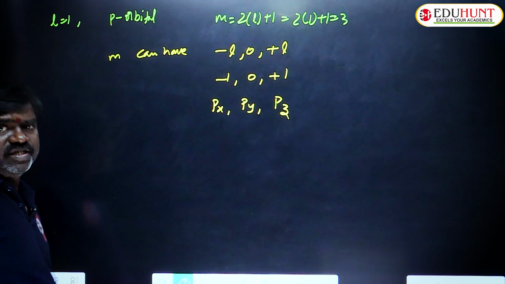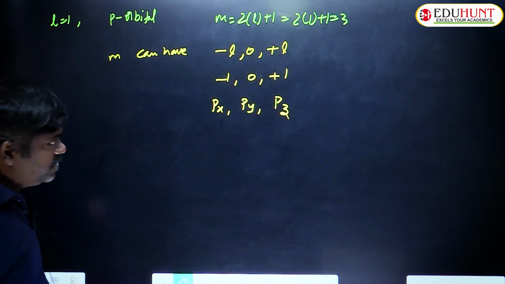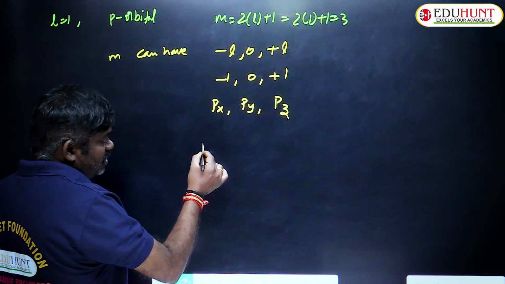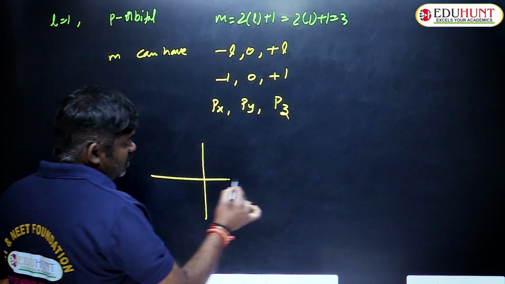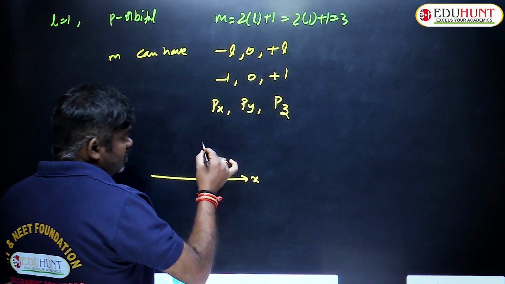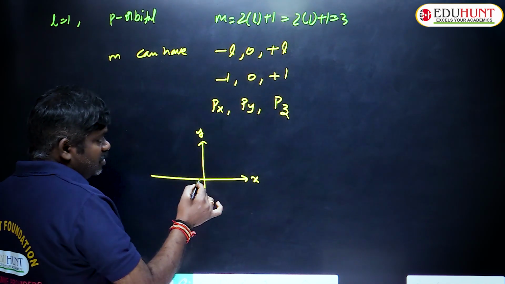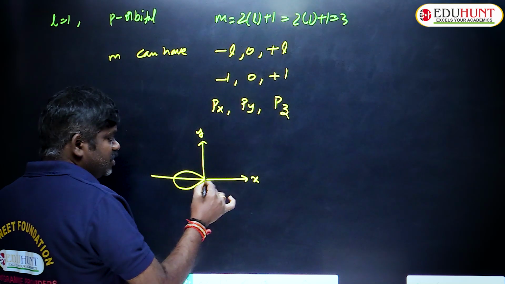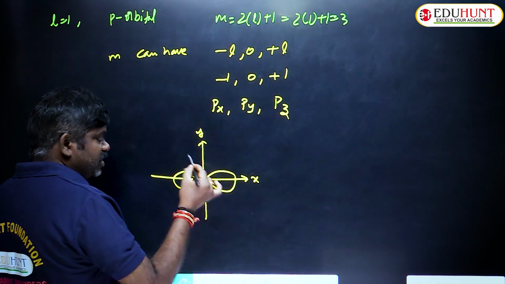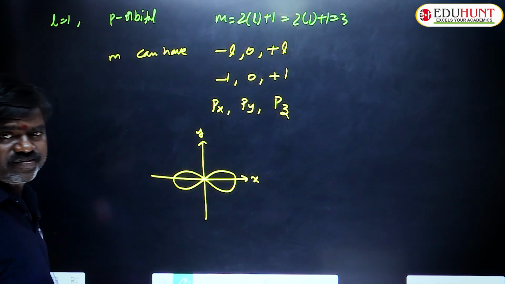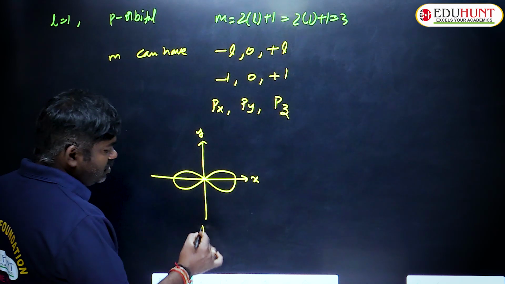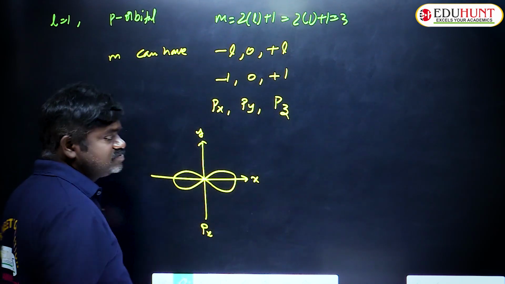Px, Py, Pz. For example, take the x-axis and y-axis. If the orbital is present along the x-axis, this is known as Px. This is the Px orbital.